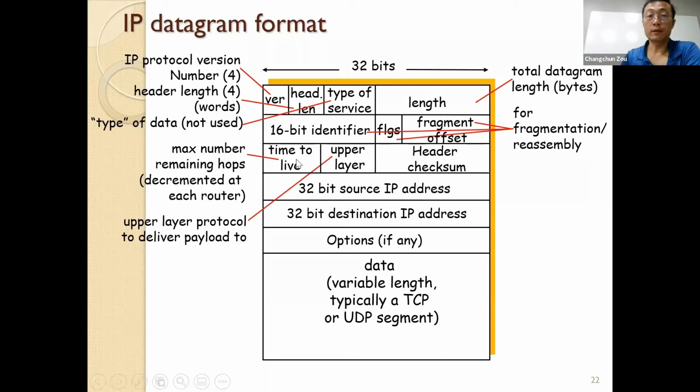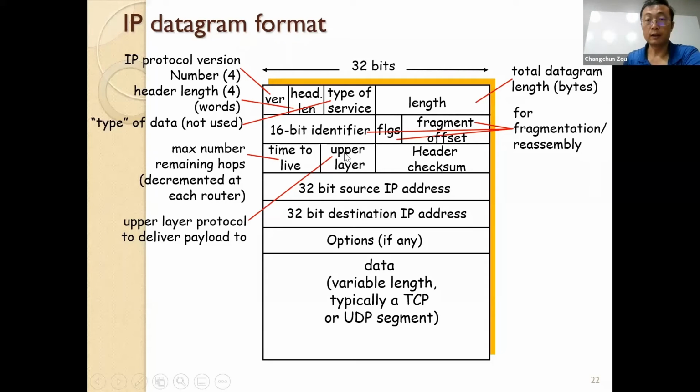So time to live is still useful because the sender can determine how many hops this packet can go through before it drops. And it can also prevent some wrong routing problems, because if the network has some routing error, some packets can go around this network forever because they can form a loop, moving from one router to another router. The time to live can prevent packets from living in this network forever.